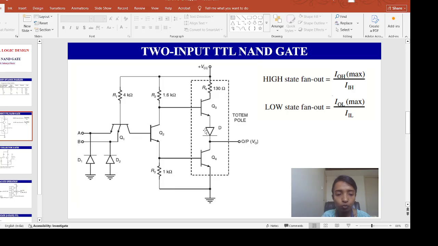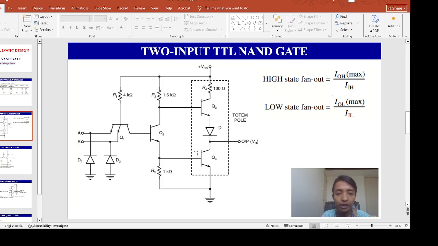That is my output voltage, and you can find it is falling between 2 volt to 5 volt. That means logic high level. So the circuit acts as a 2-input NAND gate.